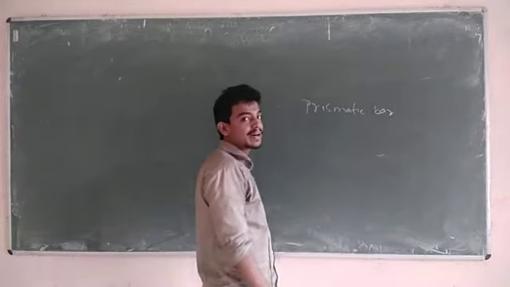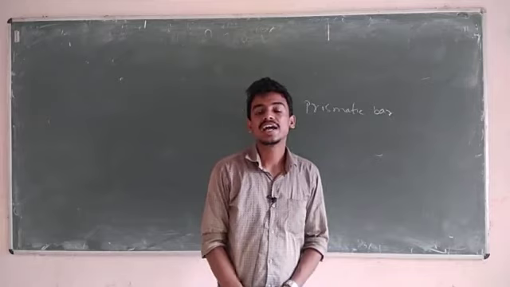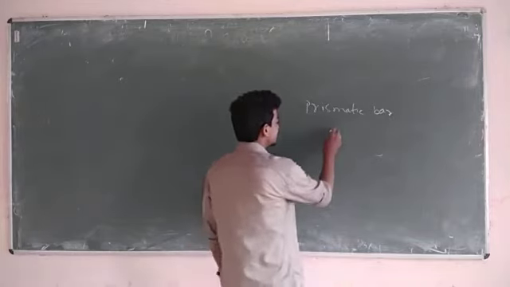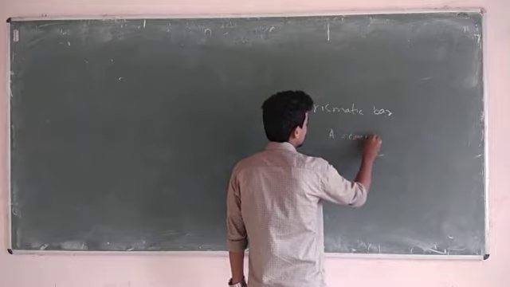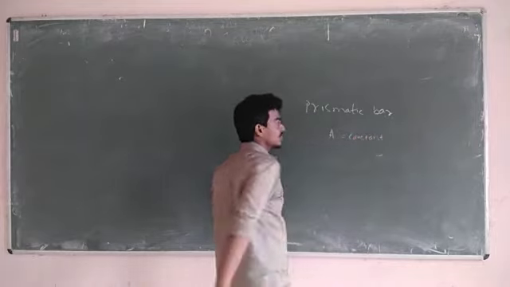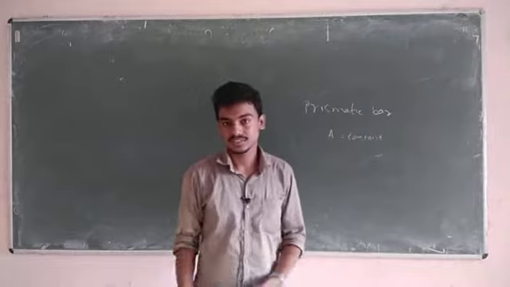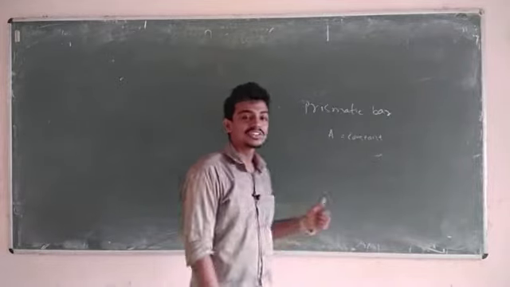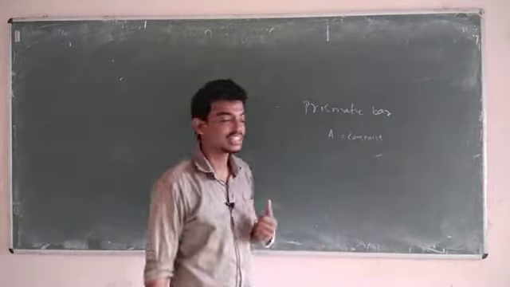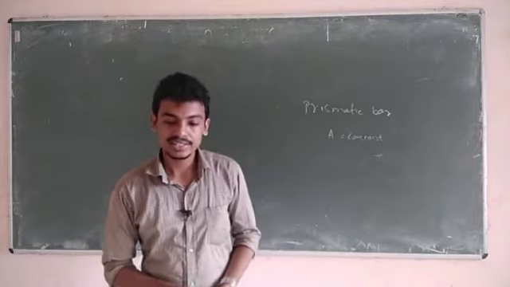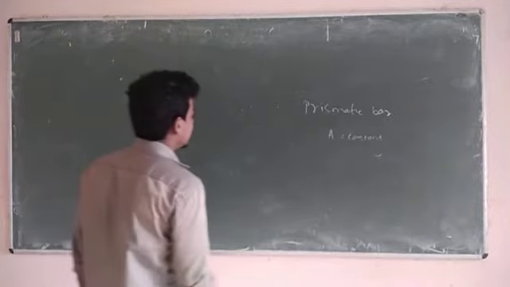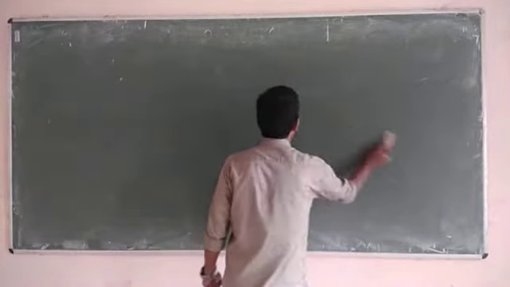When the area of cross section is constant throughout its length, that is called a prismatic bar. If the area of cross section is not constant, then that is called a non-prismatic bar. So today in this class we will study the elongation of a prismatic bar.